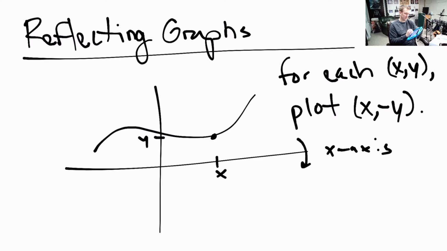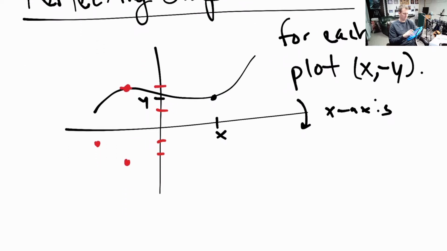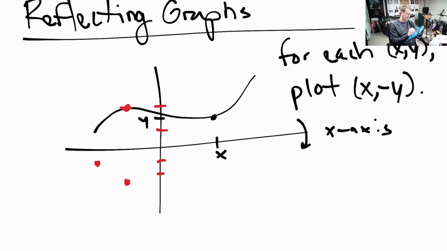And what that does is changes this y height to this y height, so this point is here. Changes this y height to this y height, so this point is here. And you just get this little reflection, right? Every height is associated with the negative height now.